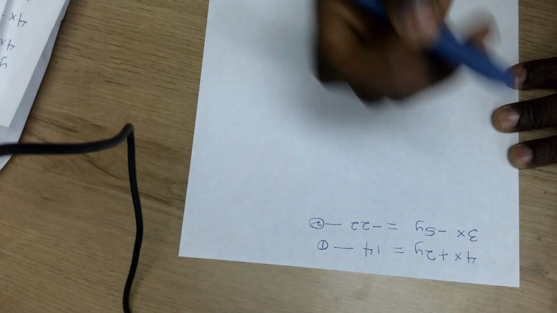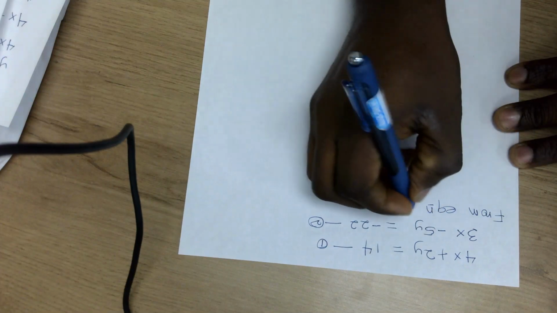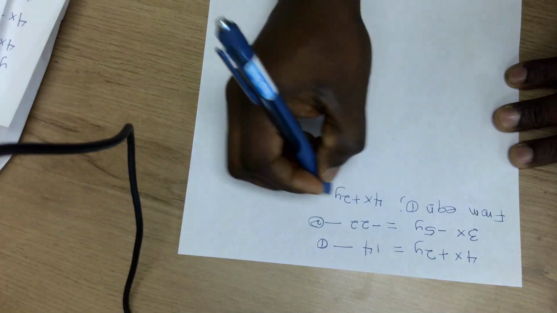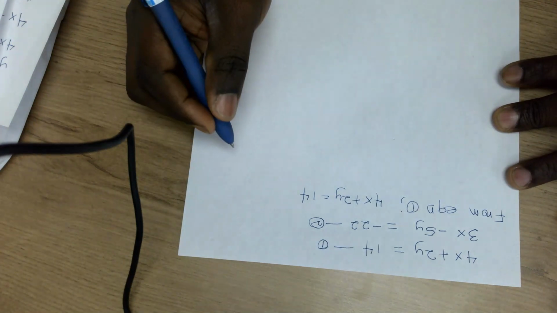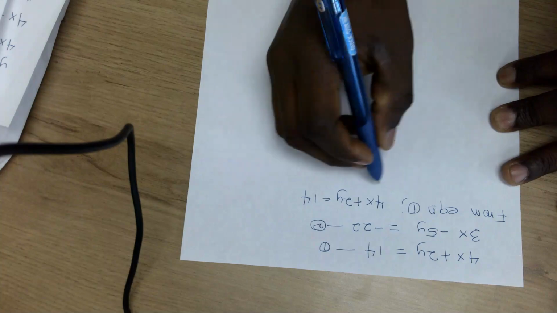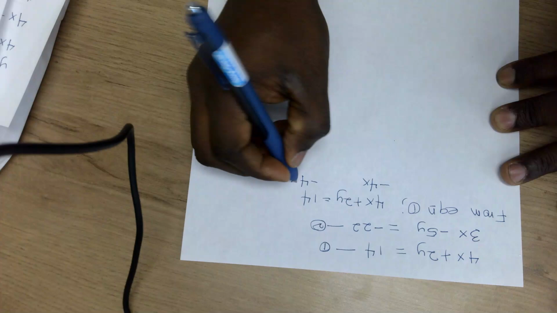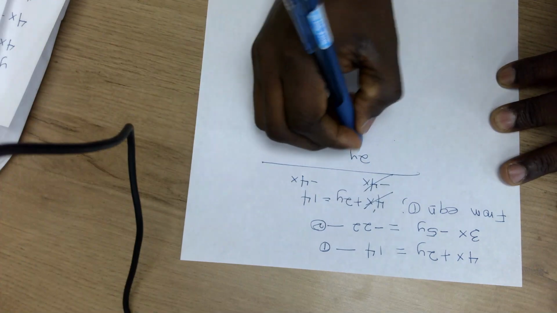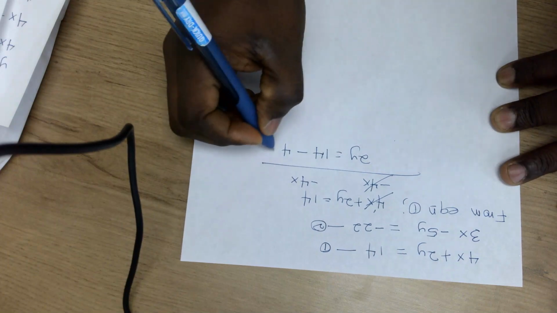All right. So I'll say from equation 1, where I have 4x plus 2y equal to 14. Now I want to make y the subject. So I subtract 4x from both sides. So minus 4x, and so that takes care of it. And so I have my 2y equal to 14 minus 4x.